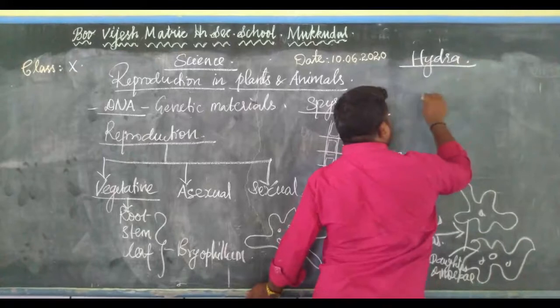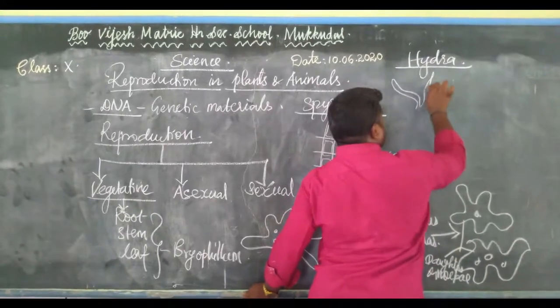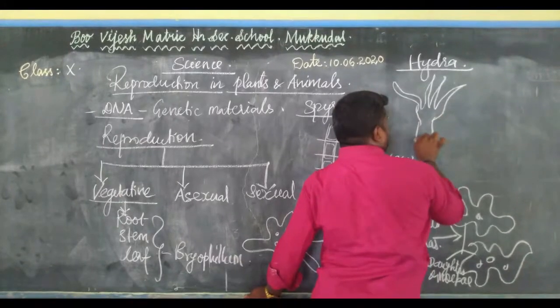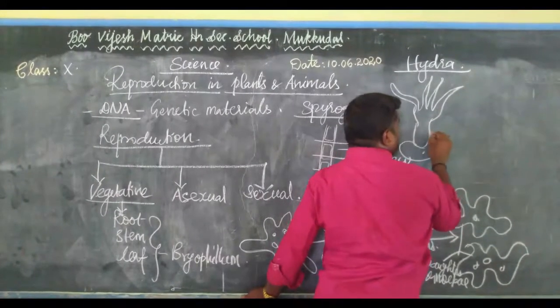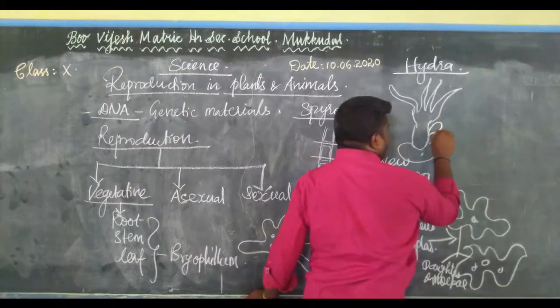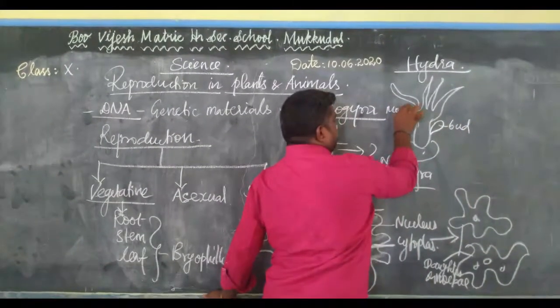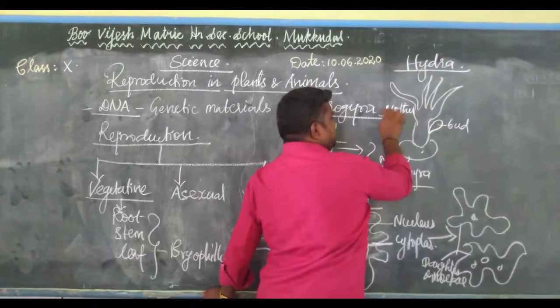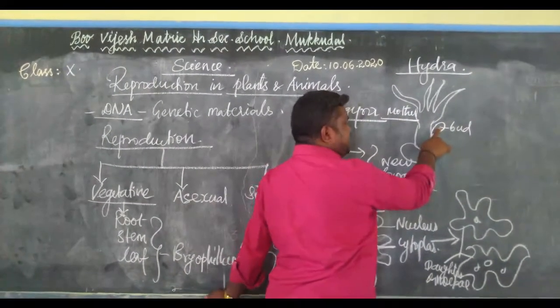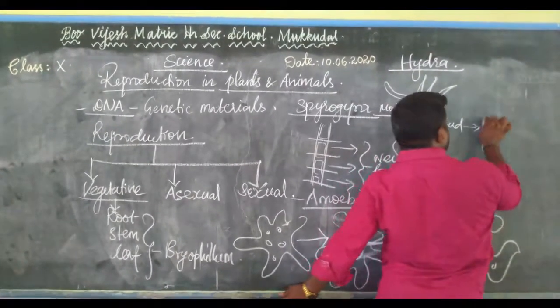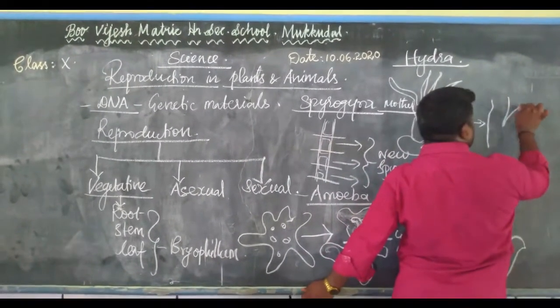Now the shape of the hydra. First a small bud arises from the mother hydra, here. Then after the maturation of the bud, it is detached from the mother.